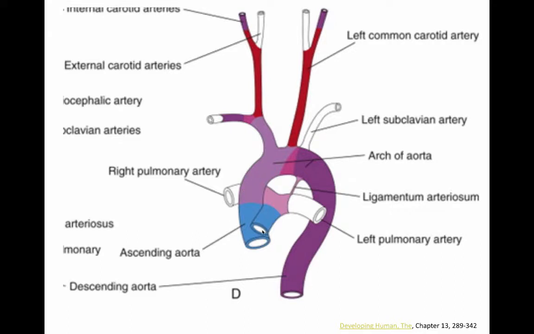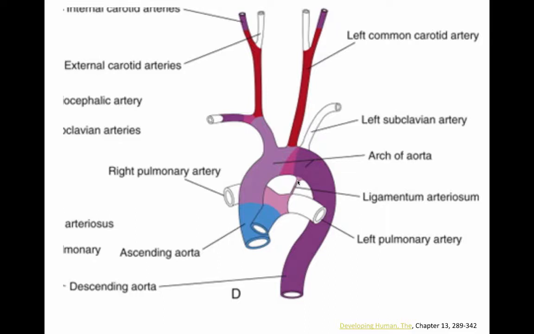Okay, so this would be, again, just another cut plane through here, and the lightest pair of pink here that we're seeing is the sixth arch. So as we look at that, here would be the bifurcation of the pulmonary artery, left and right. And then after the baby is born, this ductus arteriosus turns into the ligamentum arteriosum.